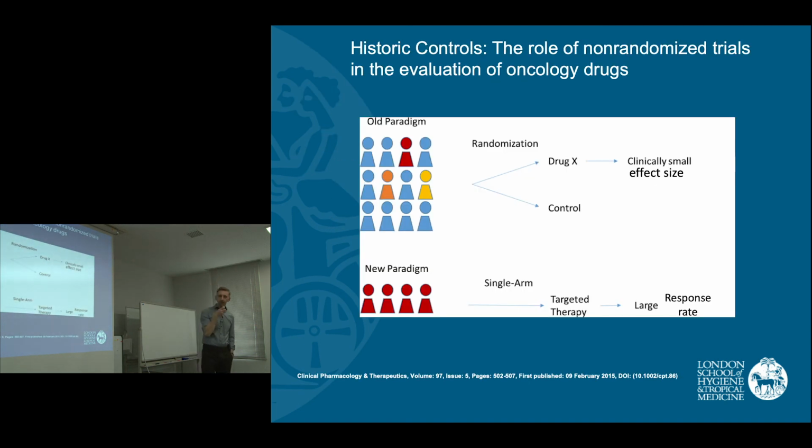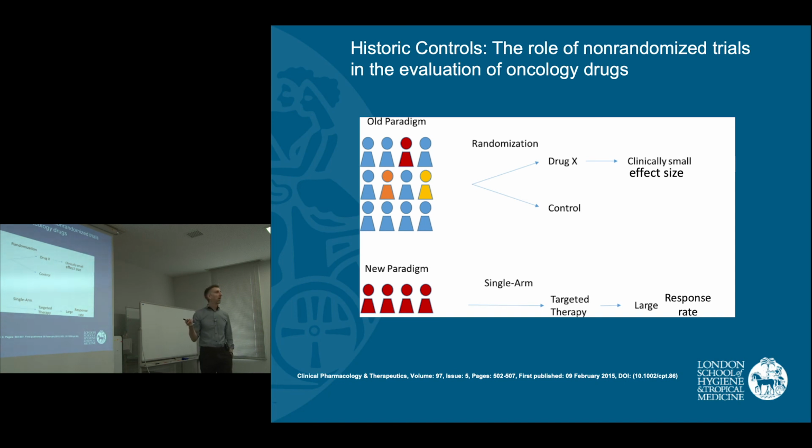Okay, and then I mentioned earlier on the idea of using historic controls. And again, this is a recent idea that we might be able to use electronic health records to provide controls for current randomised trials. So if you imagine that there's a population of people with cancer, and we've got a new treatment, which we think possibly doesn't work well for everybody with the cancer, but might work on a small subgroup of people who are red.